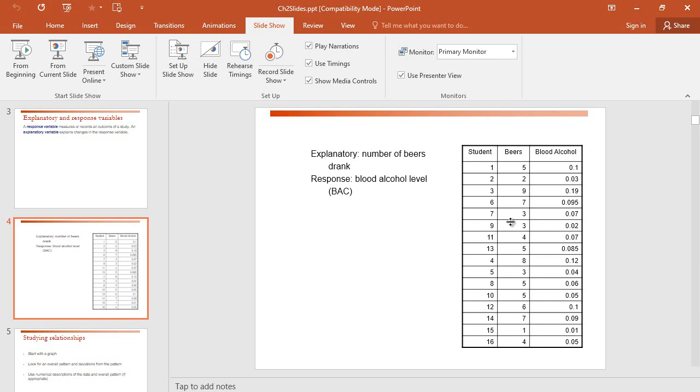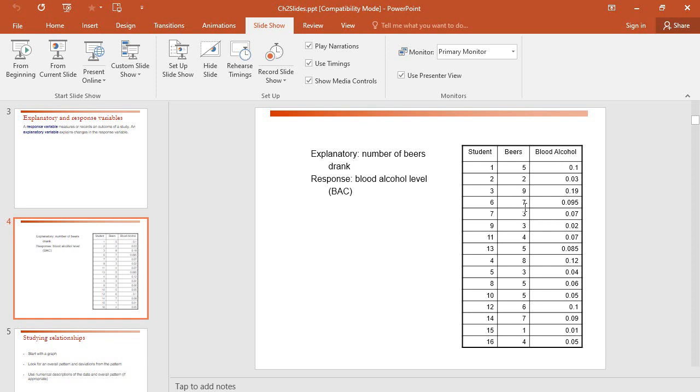In this example, we have a data set with 16 cases of students, and for each student we are looking at the number of beers consumed by the student, and then the blood alcohol level of that student.